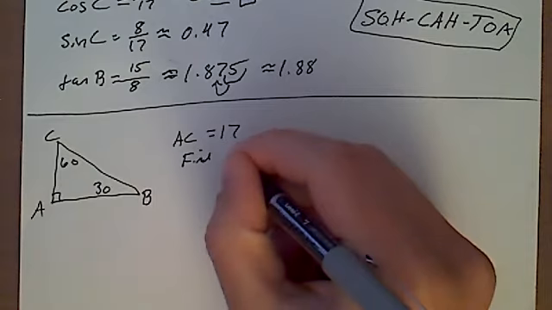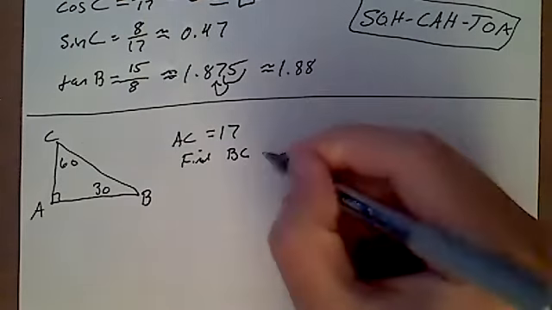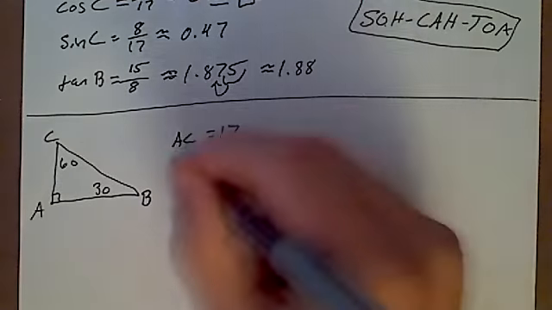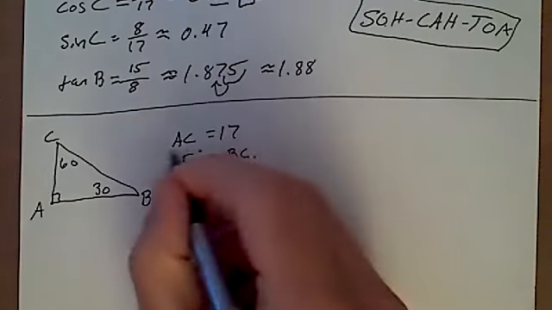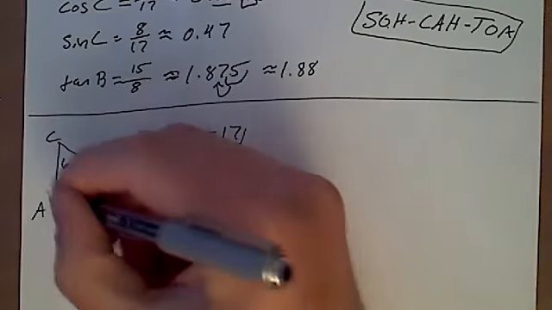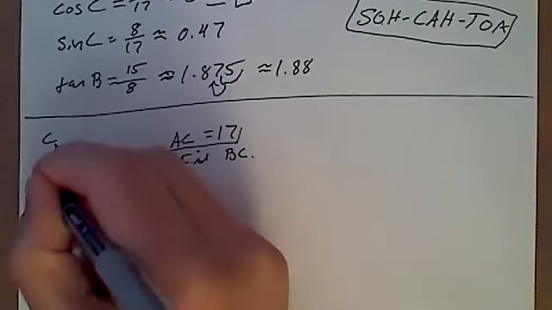Find BC. It might say find BC rounded to the nearest 10th. It wouldn't have to. All right. So for filling in, AC is 17 in the diagram, right? Where is segment AC? It's right here. So that is 17.